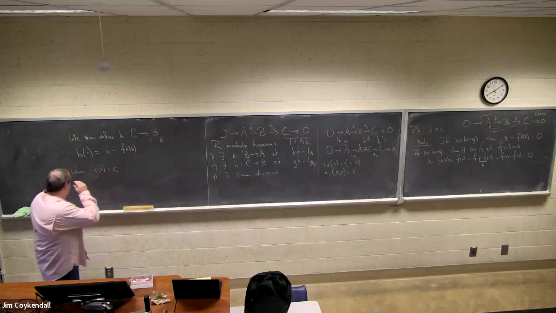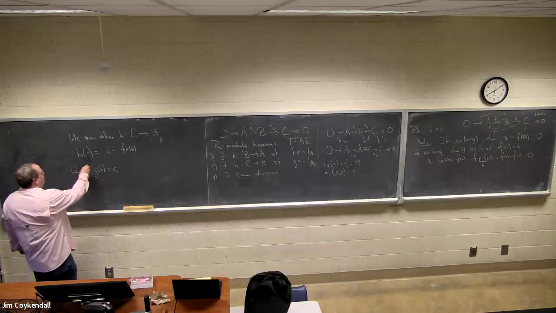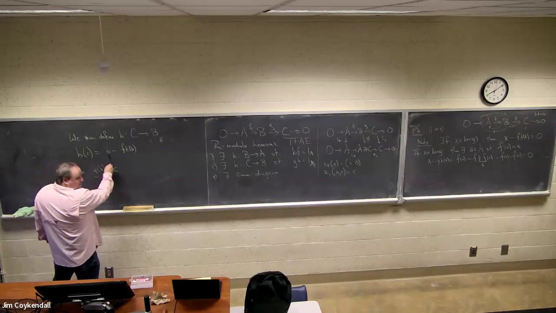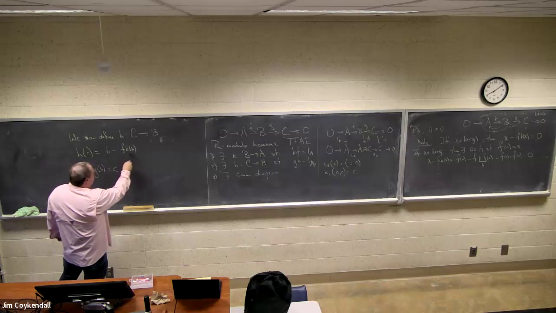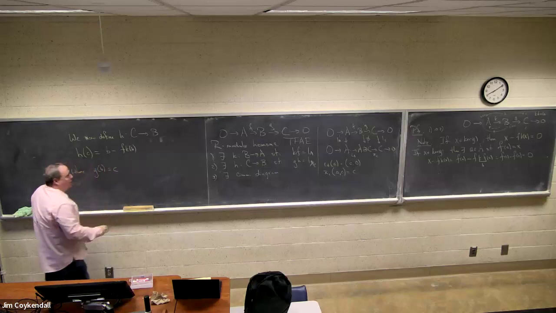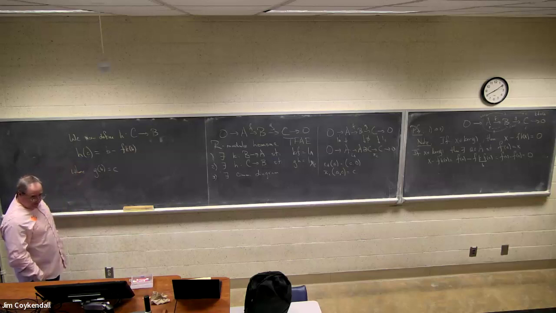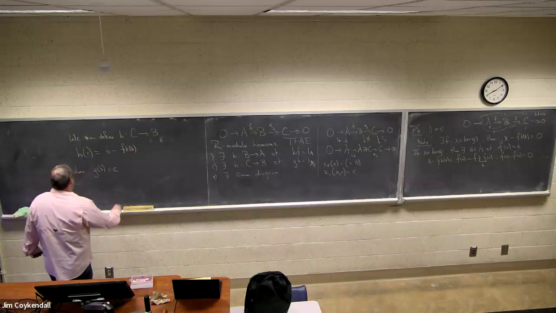Now, this is what I'm going to do. I'm going to take C, and I'm going to pick some preimage B, and then I'm going to wash it. I'm going to send this here. Now what I need to do is to show that this is a well-defined choice.